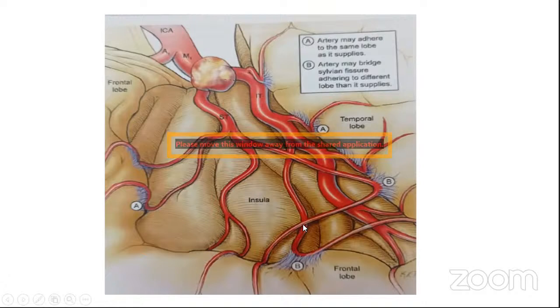So we have to identify them and do sharp dissection of these arteries, because we have to go either from the distal or the proximal approach. So we should know the patency or the supplying arteries of the inferior and the superior trunks so that the patency of the arteries is not compromised, to prevent post-operative complications.